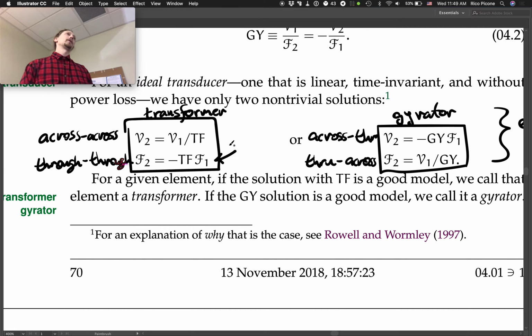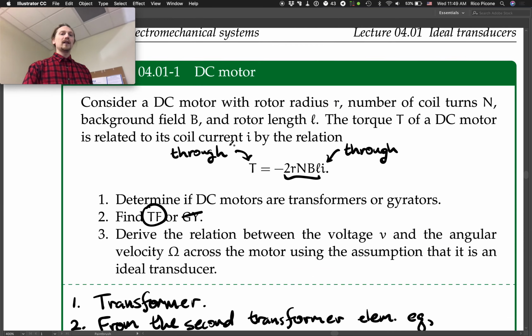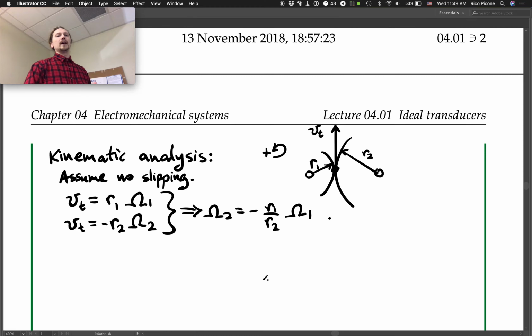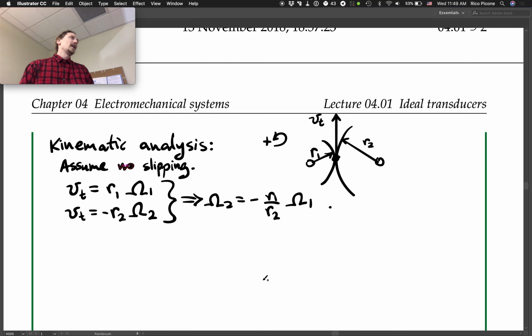So it's a transformer. We could go off and do the analysis from here, but we are going to independently do a kinetic analysis to find the relationship between the torques, because you can do that independently too. So let's do a quick kinetic analysis.